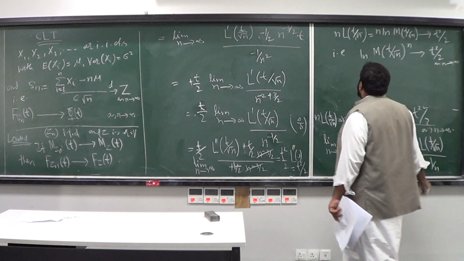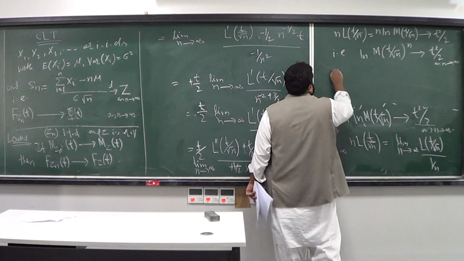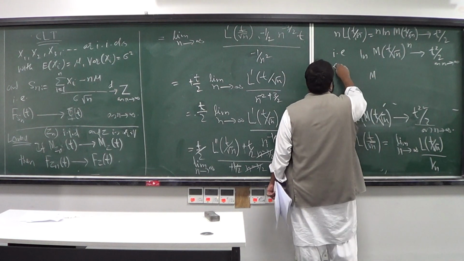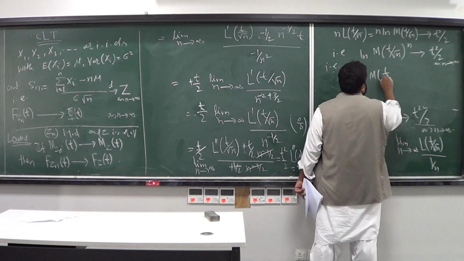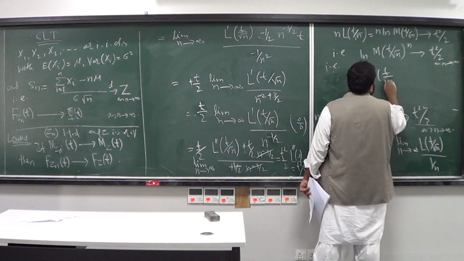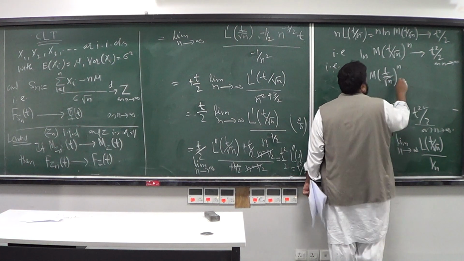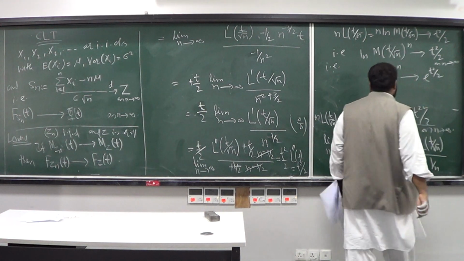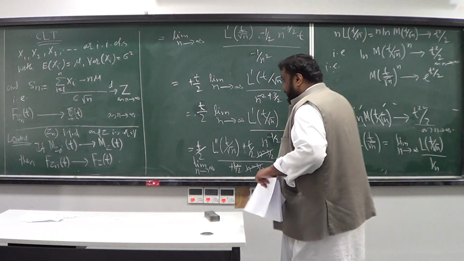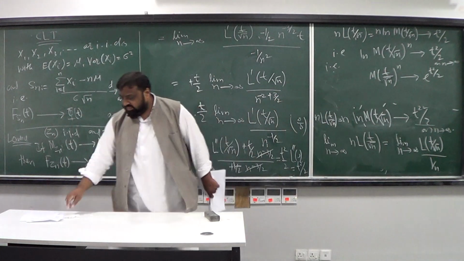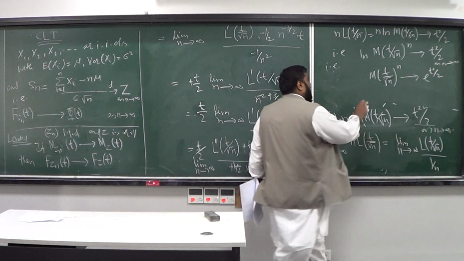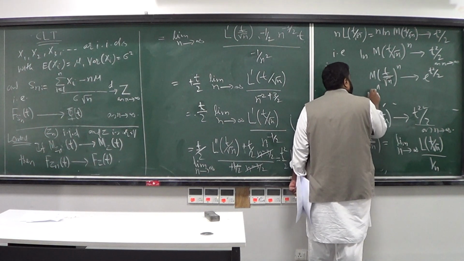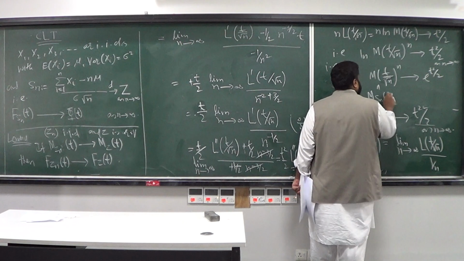So if I take, for example, exponential on both sides, what does this show? That m of t over square root of n, power n, converges to e to the t square over 2. And what do you remember now? This is precisely equal to the moment generating function of Sn at t.